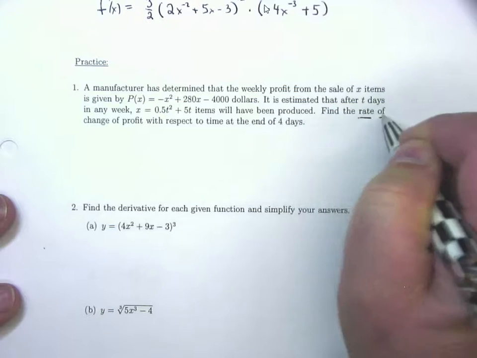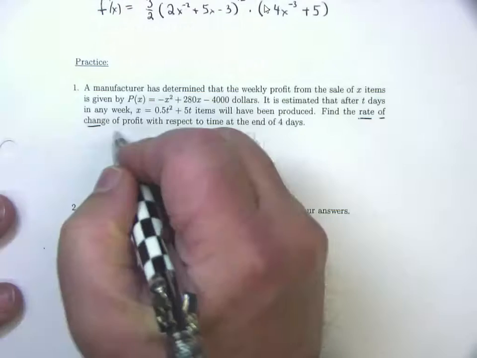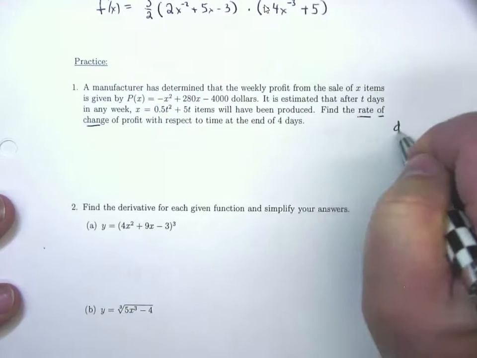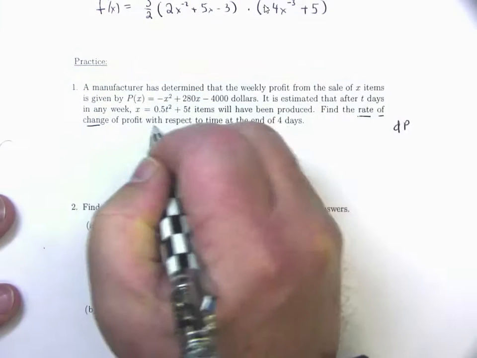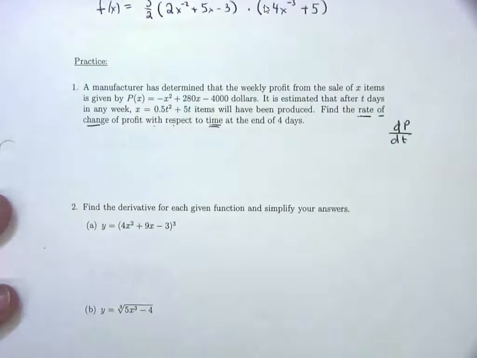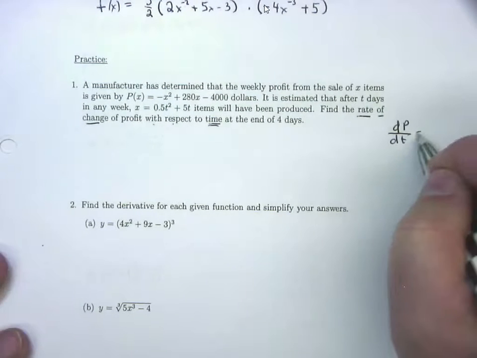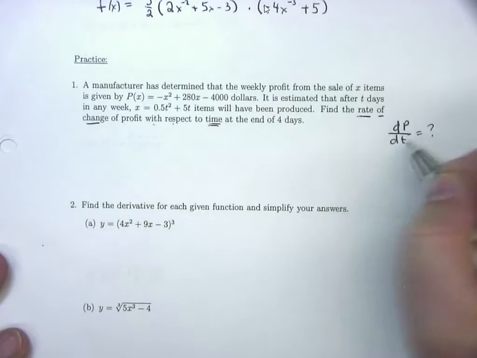Find the rate of change. What does rate of change mean to you? Okay, good, you've been programmed. Derivative of profit. So I'm looking for dP, the derivative of profit, with respect to time, over dt. dP over dt. The rate of change of profit with respect to time.